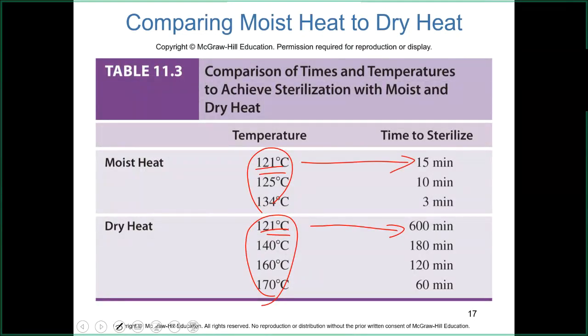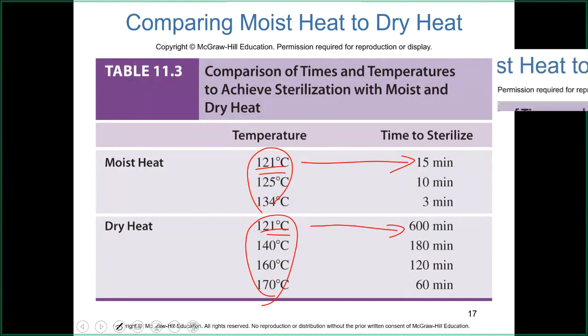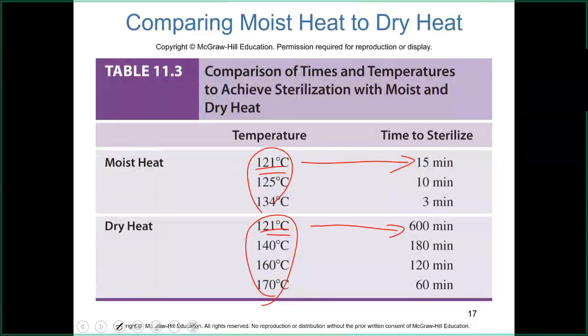With moist heat, 15 minutes. All right. So you tell me which one would be more efficient in a lab setting, right? So moist heat generally is the way to go, especially if you're working in a biomedical or clinical setting. Otherwise, you can opt for dry heat if it's appropriate.